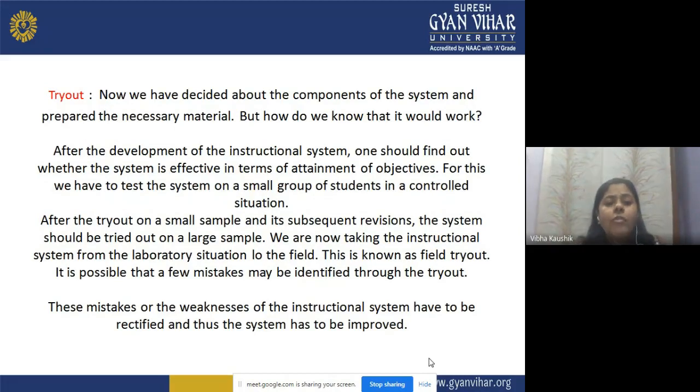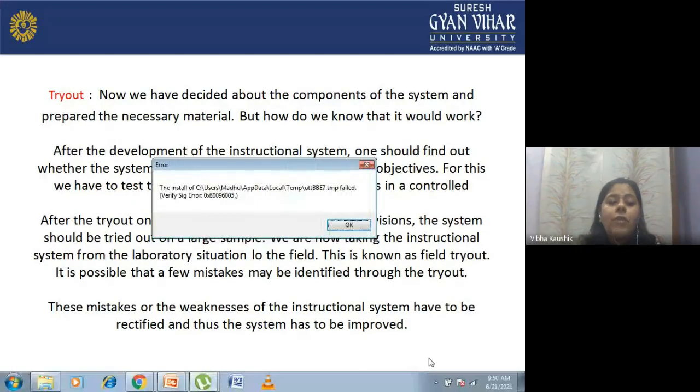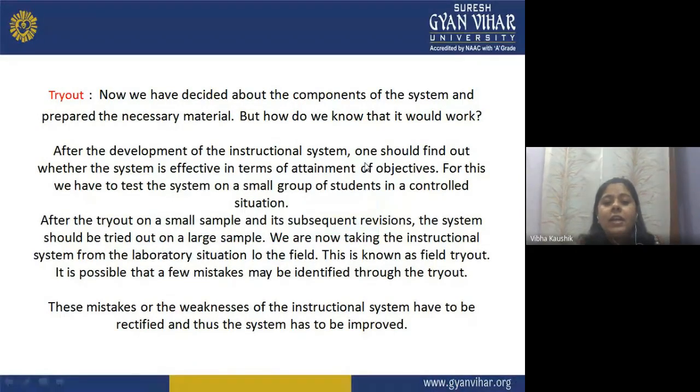Tryout. Now we have to decide upon the components of the system and prepare the necessary material. But how do we know that it would work? We cannot just guess how it would work. After the development of the instructional system, where I have planned everything to make my teaching learning process effective, one should find out whether the system is effective in terms of attainment of objectives or not.